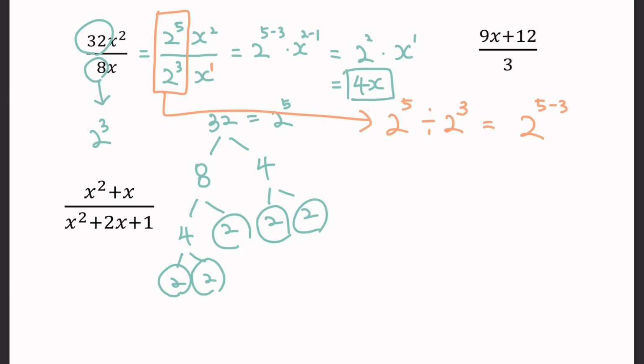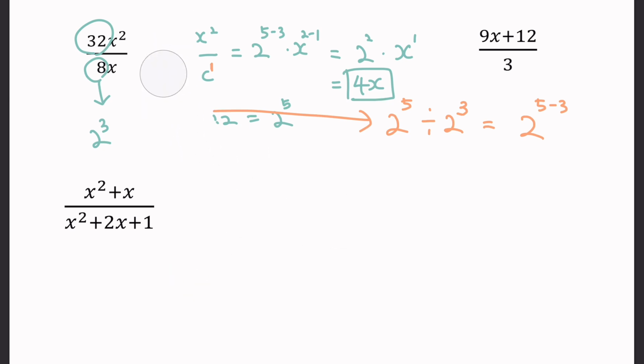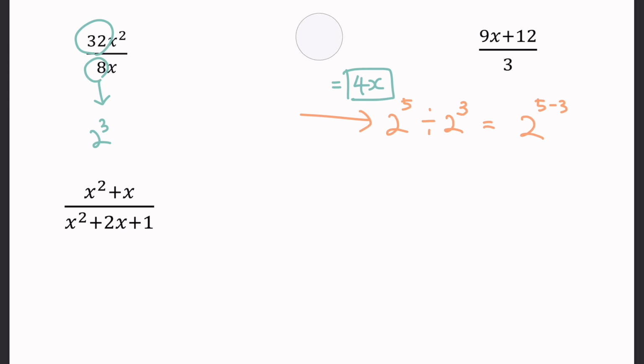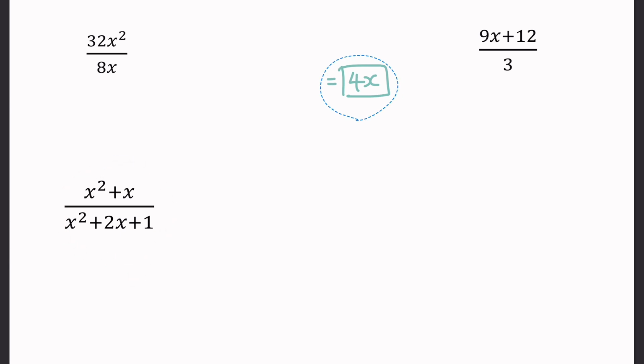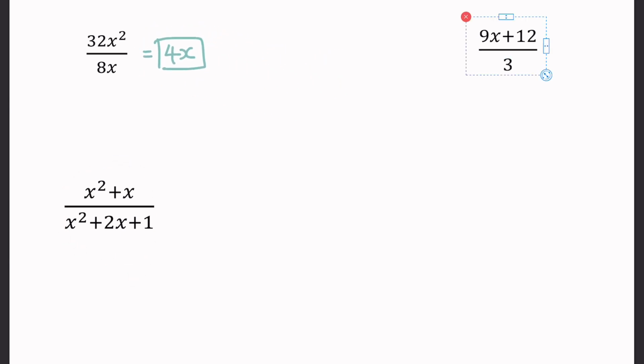Now, I am going to do just one more question like this before I start solving the question of the day. So let's move this right here and start solving the second question.